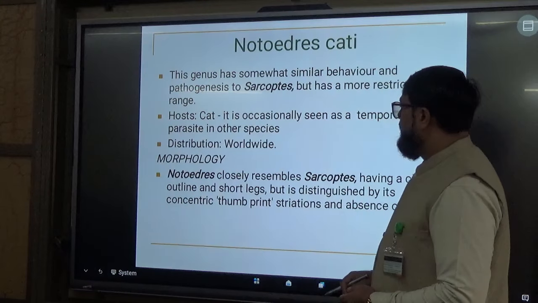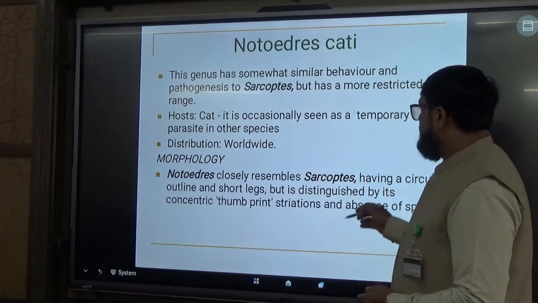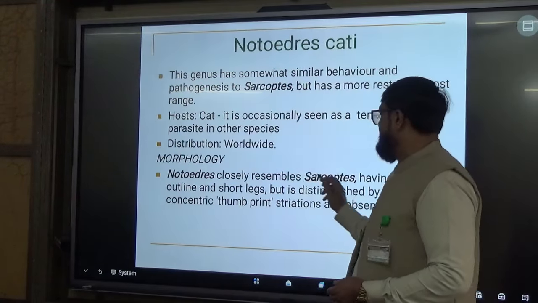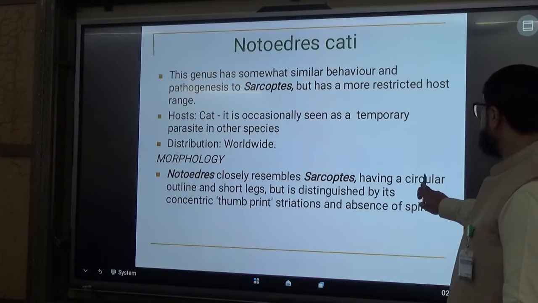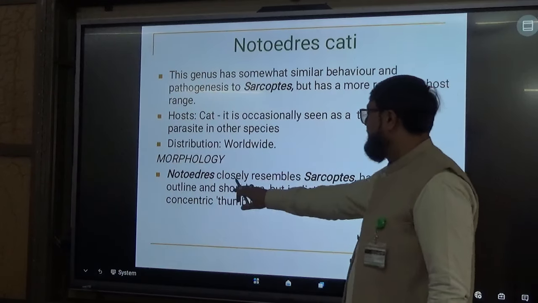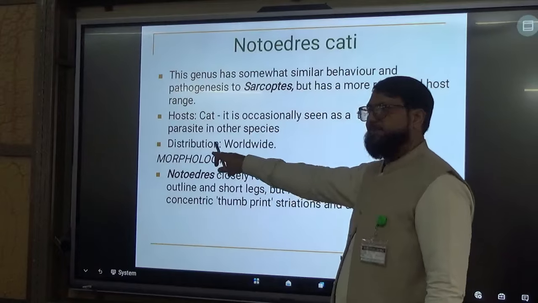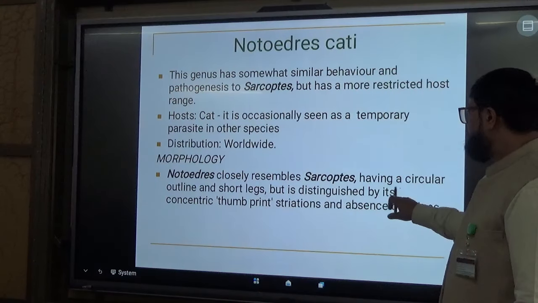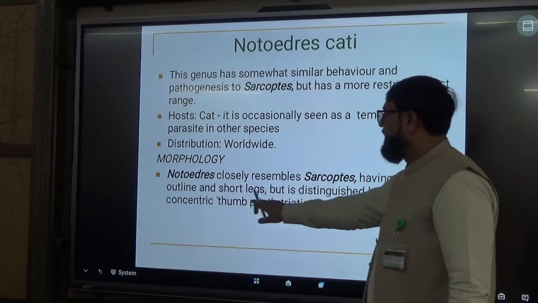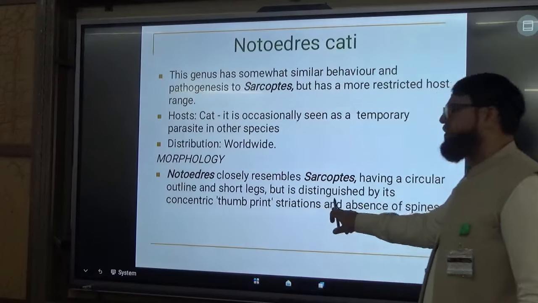It is distributed worldwide, and it also morphologically resembles Sarcoptes, having a circular outline and short legs, as we have seen over there. But how is it distinguished? Distinguished by its concentric thumbprint striations.